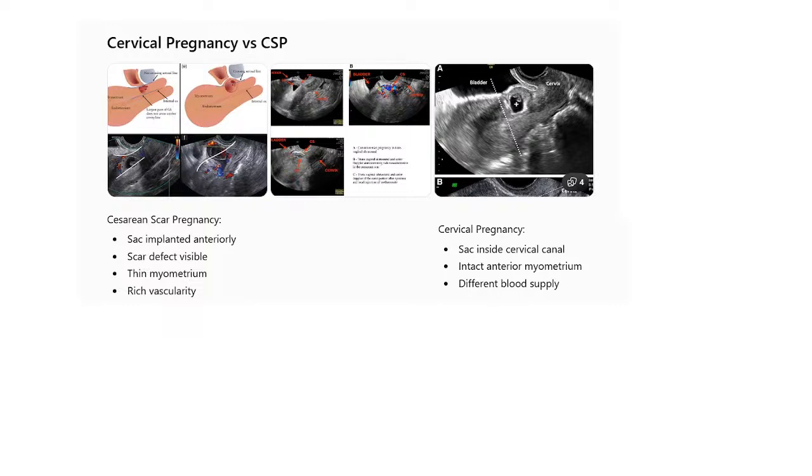In the cesarean scar ectopic pregnancy, the sac is implanted anteriorly, with a visible scar defect and thin myometrium with rich vascularity, whereas in a cervical pregnancy, the sac is inside the cervical canal, with intact anterior myometrium and a different blood supply.